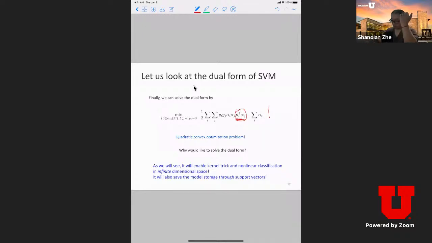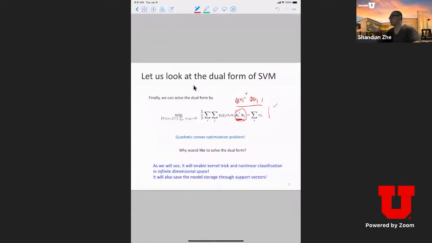Even if you put some nonlinear mapping to some high dimensional space, say phi of x i, phi of x j, the formulation is exactly the same. We just replace x i x j by phi of x i, phi of x j, and its inner product is just the inner product after the feature mapping. When the feature mapping is very high dimensional, this explicit computation is very hard, and we can use the so-called kernel trick to reduce computation. That's why we care about the dual form of SVM.